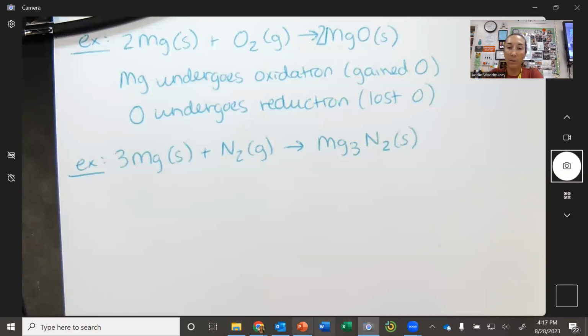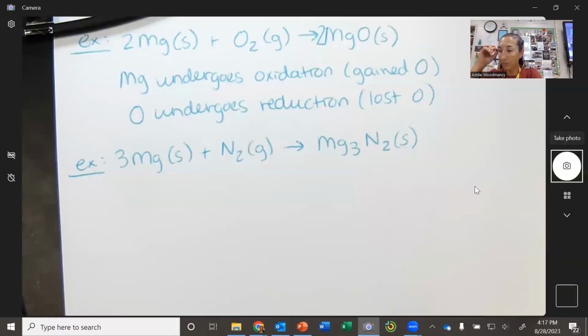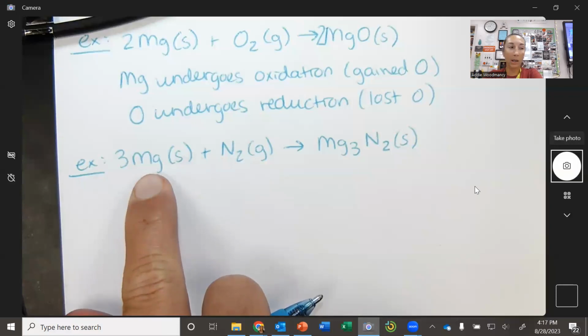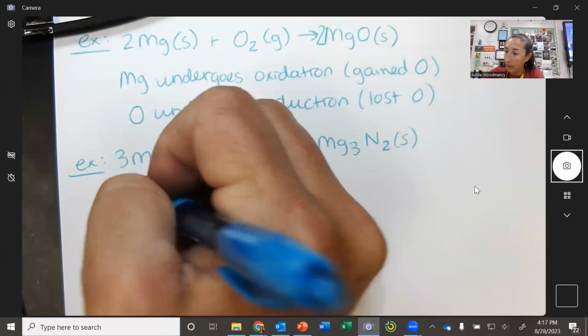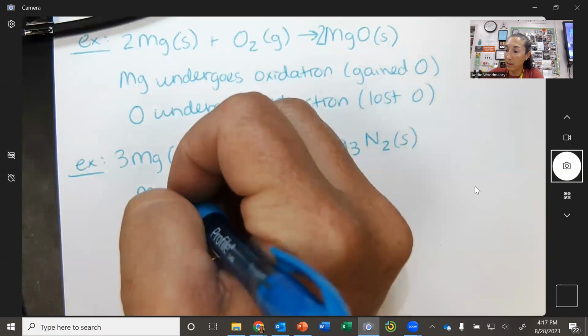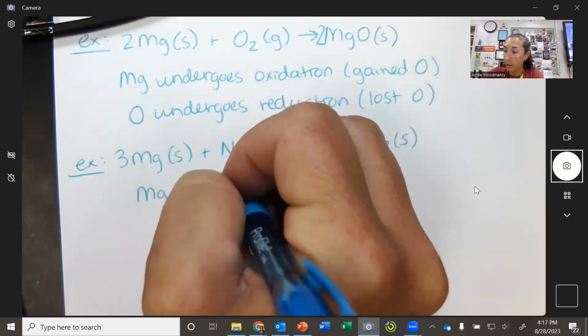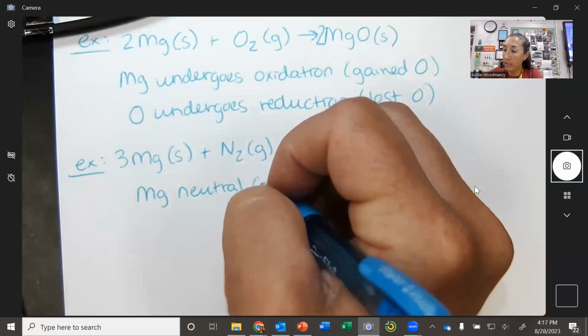So for that, we actually have to use our new school terminology. So this time we've got to figure out what's losing electrons and what is gaining electrons. So here, magnesium on this side is a neutral substance. And so because it's neutral, its charge is 0.